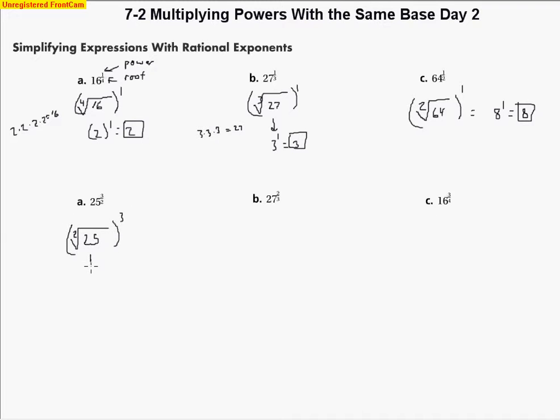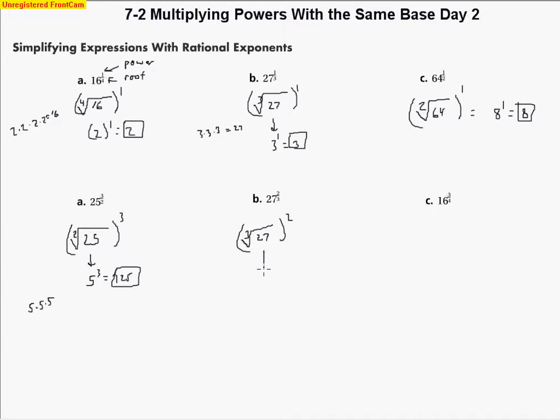So take the roots first, it'll be easier. It'll make the numbers smaller, so this is 5. So 2 numbers that multiply to make 25 are 5 and 5, but then I have to raise it to the third power. So that's the same thing as 25 again times 5, which makes 125. Look at this next one: 3 numbers that make 27, but then we raise that to the second power.